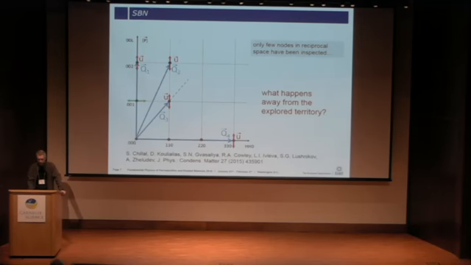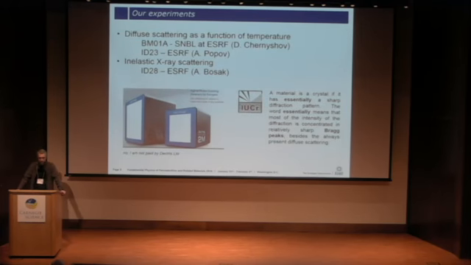And the easy way, well, easy, fast, if you have access to a synchrotron source, is to measure X-ray diffuse scattering, because that can be done literally in minutes. We did that study as a function of temperature at the bending magnet beamline with Dmitry Chernyshov, and then at ID23, the macromolecular crystallography beamline, thanks to Sasha Popov.